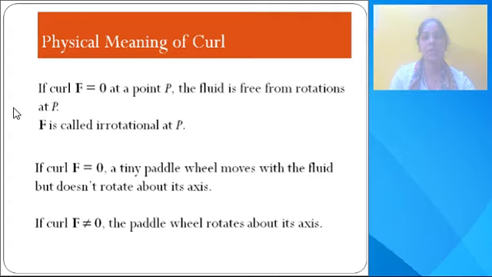The use of this curl, we can also understand in another way. In magnetism, any magnet has two poles, north pole and south pole. If we break this magnet from its middle, now we have two magnets, but again both have a north pole and south pole.